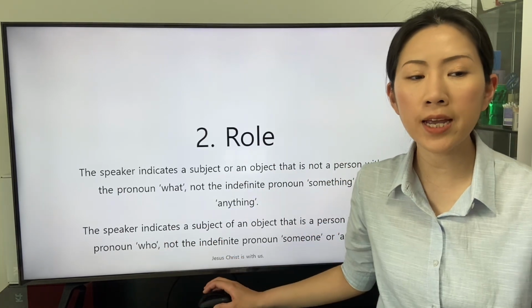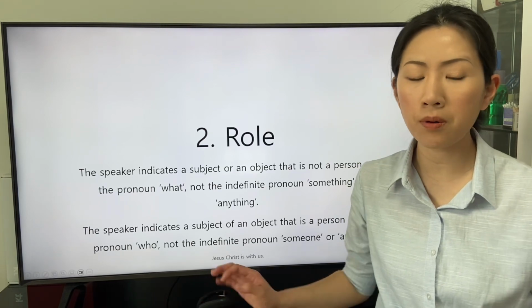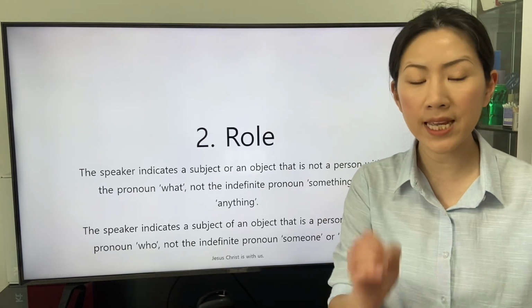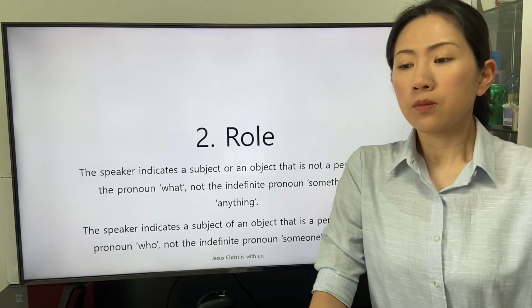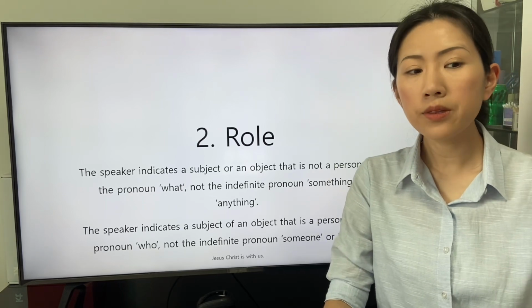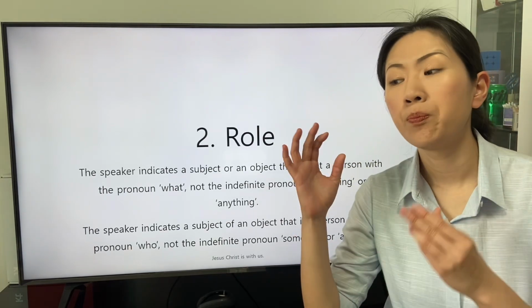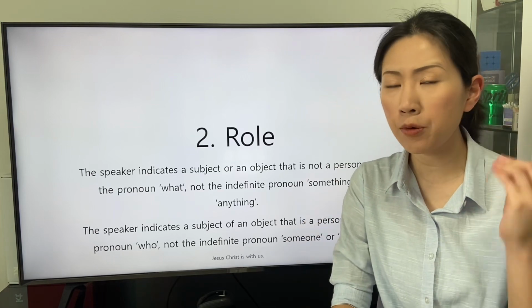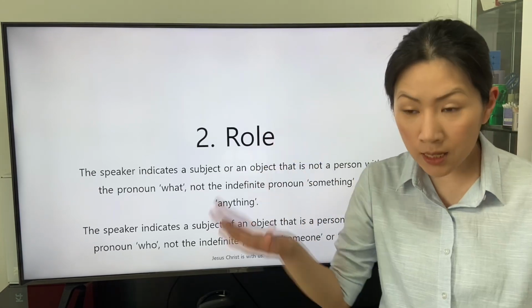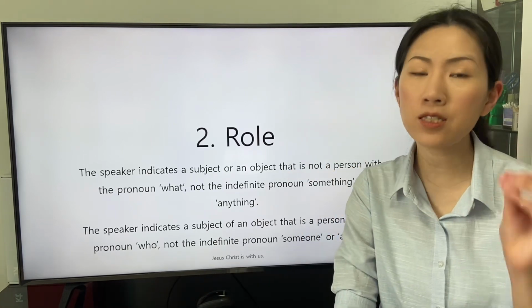The speaker indicates a subject or an object that is a person with the pronoun who, not the indefinite pronoun someone or anyone. The indefinite pronoun someone or anyone and the pronoun who that we studied as an interrogative pronoun indicate a subject or an object that is a person.